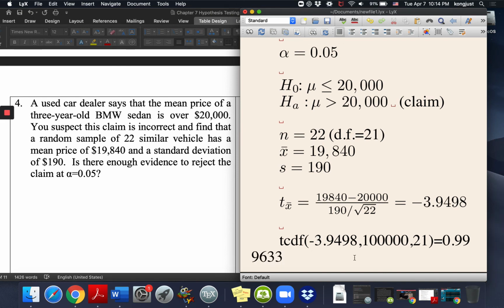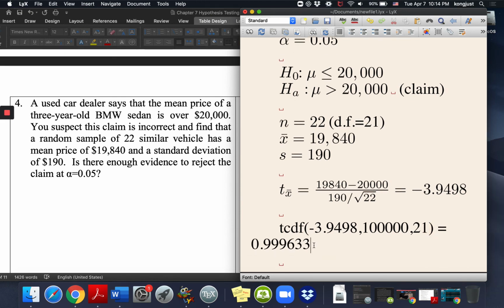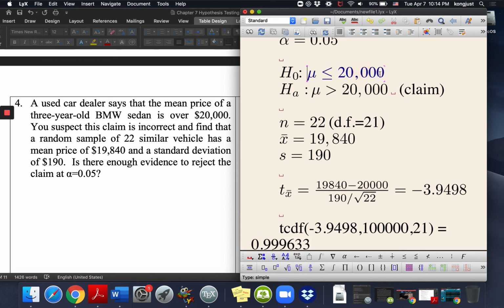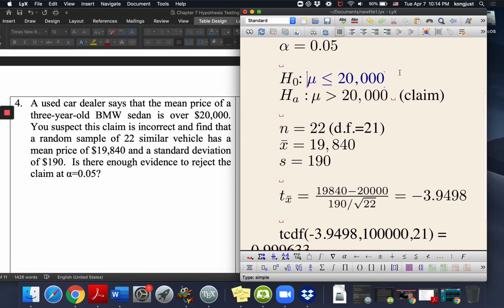Okay, so what does this mean? Think about what this value is indicating. We have an extremely high probability this time, right? We're assuming that H naught is true, that the mean is less than or equal to 20,000, because when we do these hypothesis tests, we always start by assuming the null hypothesis to be true, right?